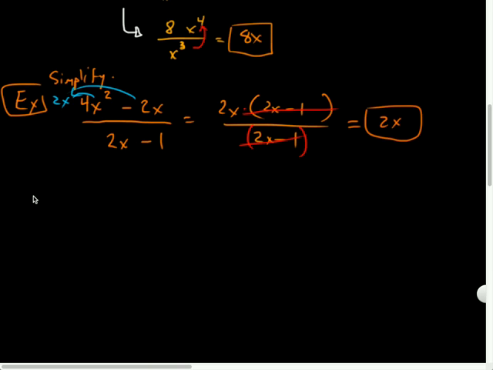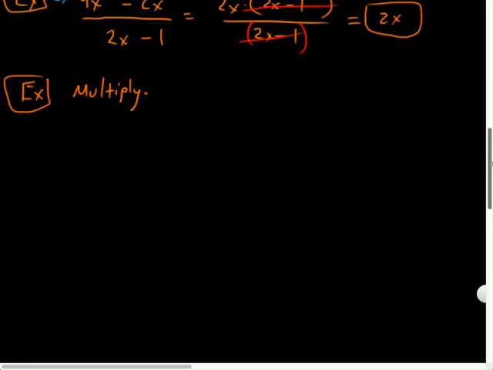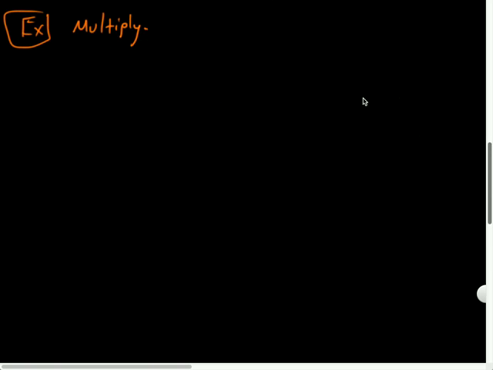So let's see. Let's do an example where we combine our skills here. What if I want to multiply? And by default, we should always have our answers in simplest form. So what if I want to multiply this? What if I've got x squared minus 9 over x plus 3? Okay, whatever.